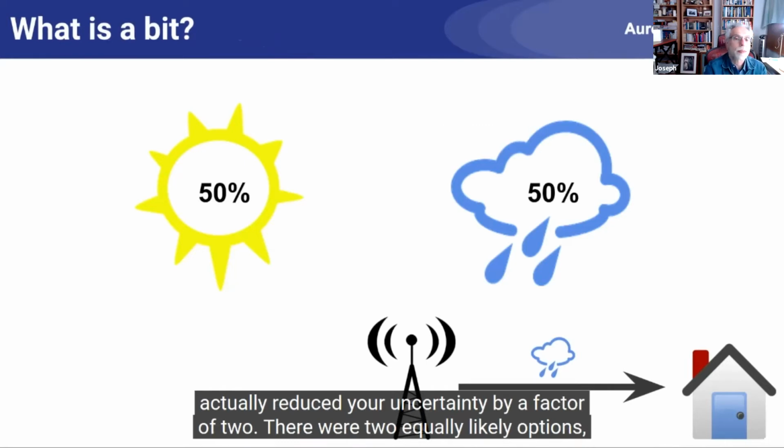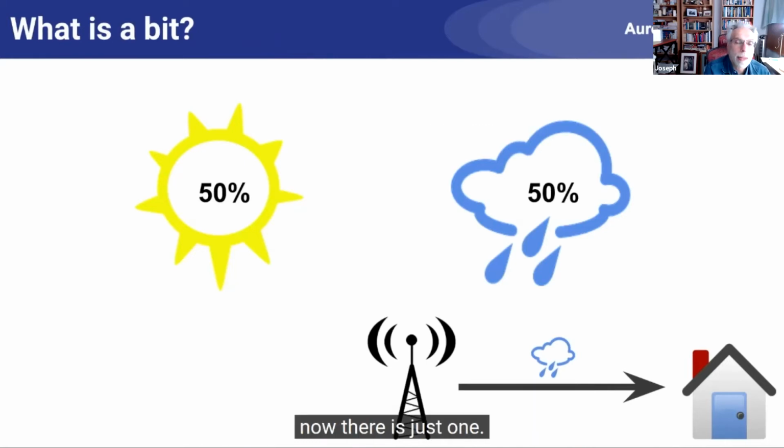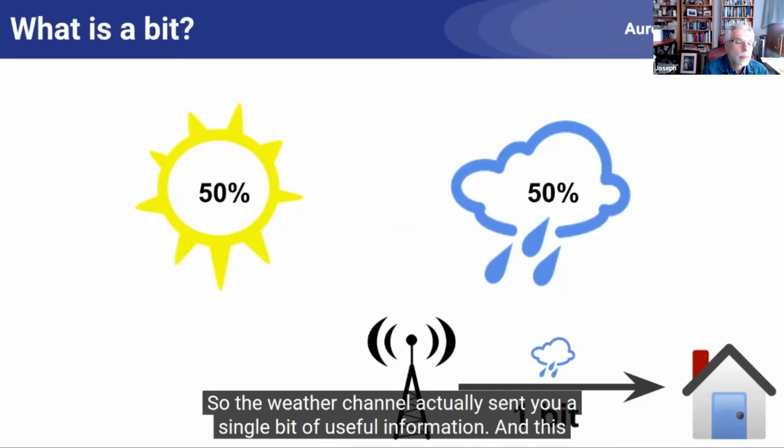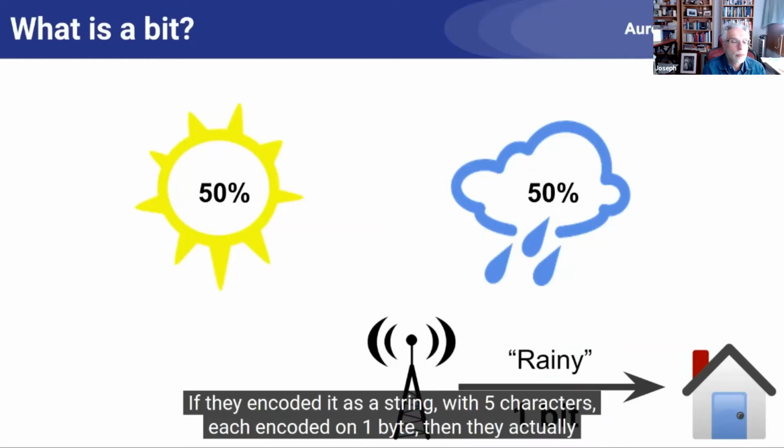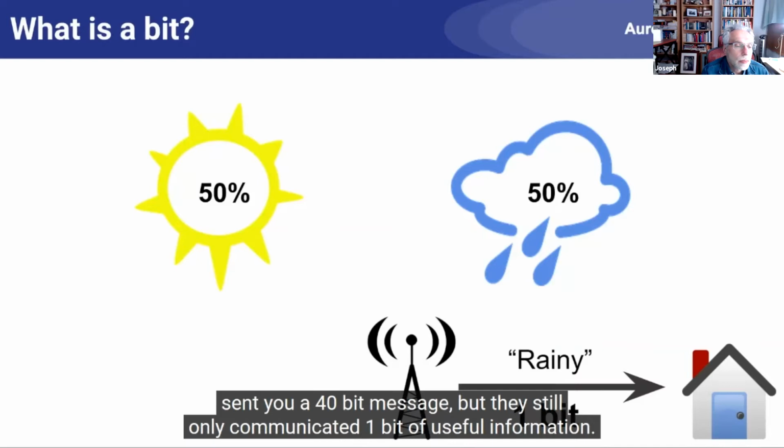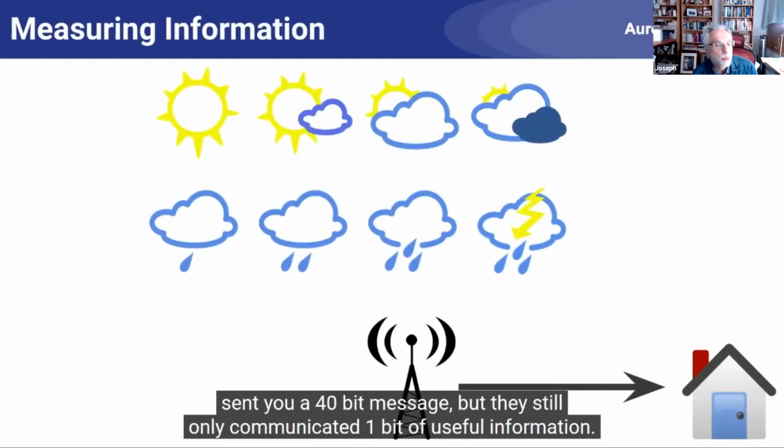There were 2 equally likely options, now there's just 1. So the Weather Channel actually sent you a single bit of useful information, and this is true no matter how they encoded this information. If they encoded it as a string with 5 characters, each encoded on 1 byte, then they actually sent you a 40-bit message, but they still only communicated 1 bit of useful information.